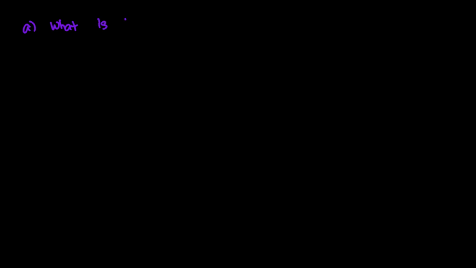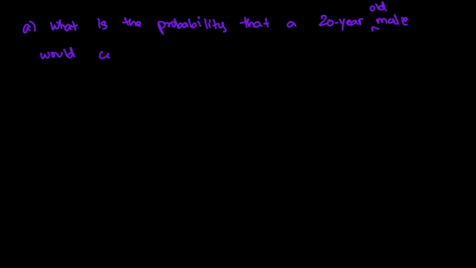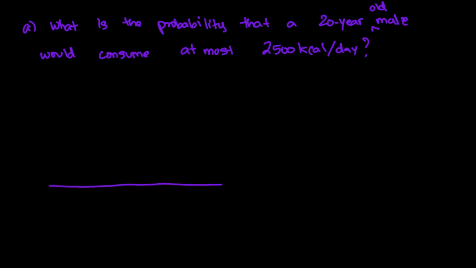What is the probability that a 20-year-old male would consume at most 2,500 kilocalories per day? Suppose that is a question that we wanted to answer, and the best way to learn empirical rules is by drawing the bell curve as necessary.